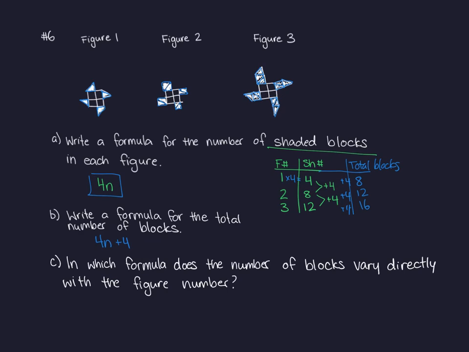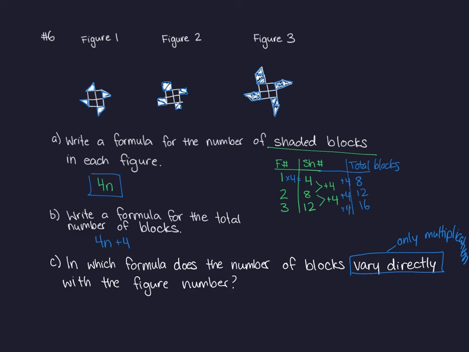Question C asks, in which formula does the number of blocks vary directly with the figure number? So remember, vary directly is a reference to direct variation, which is when there is only multiplication or division. In most of our examples, it's only multiplication.